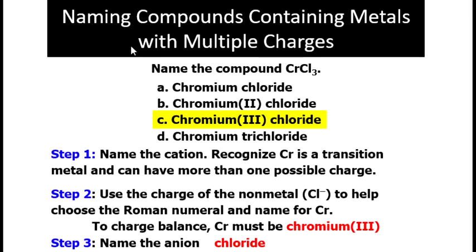So this is another example if you would like to know the name of this compound. What is the name of this compound? This is a transition metal, chromium. We write chromium, and we have the non-metal chloride.